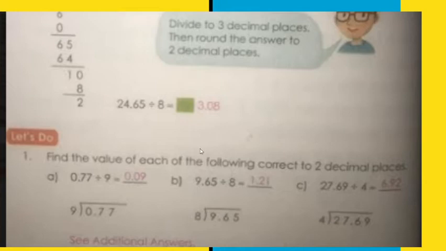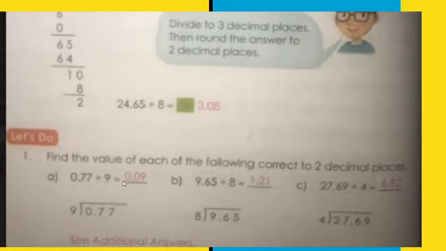So for example, if you can see this problem right here, 77 hundredths divided by 9 is 9 hundredths. What we basically did was divide 77 by 9, and then divide by the place value to include our decimal point in the answer.